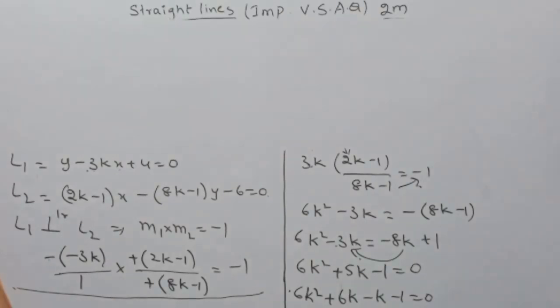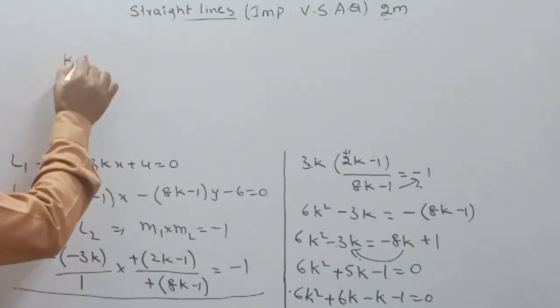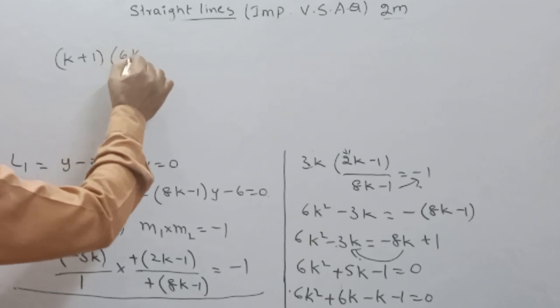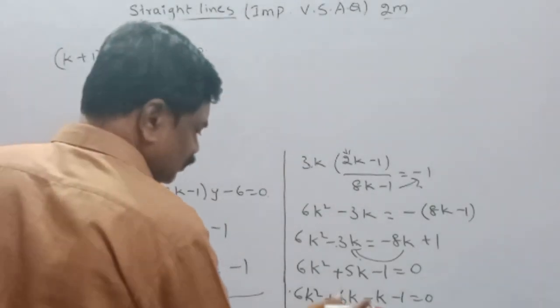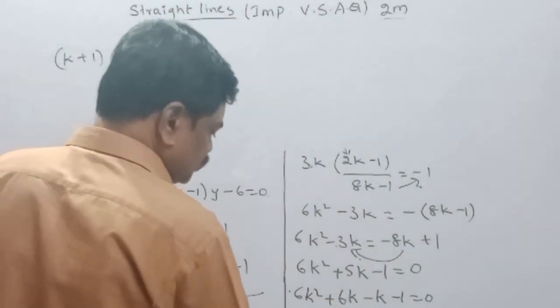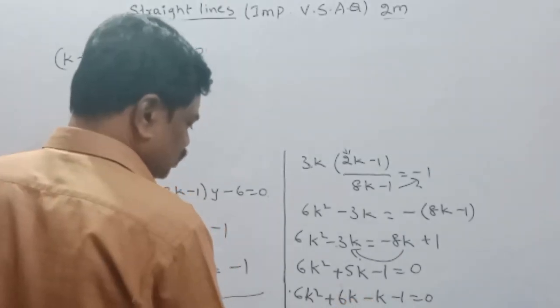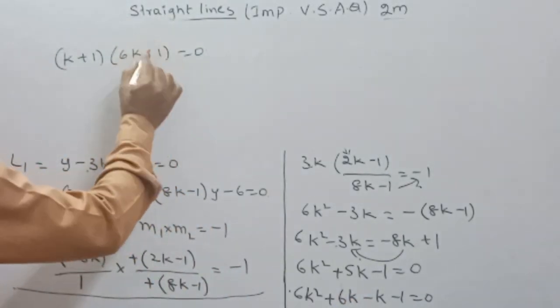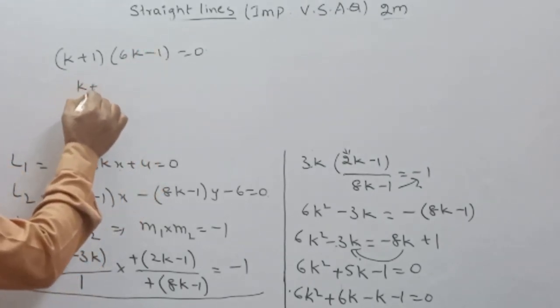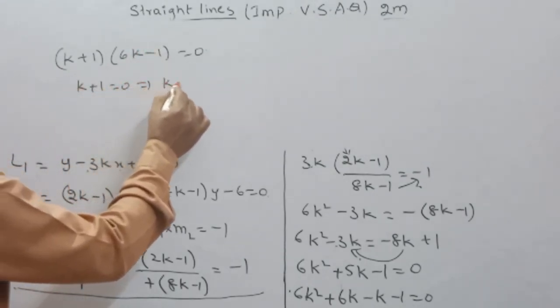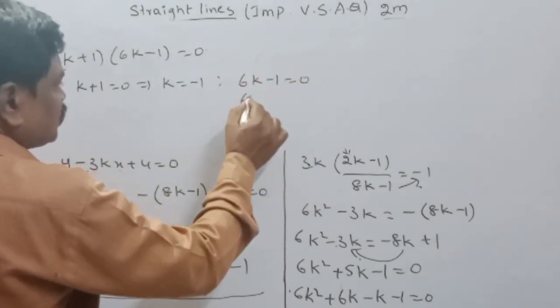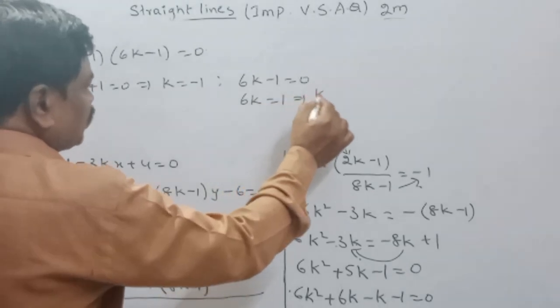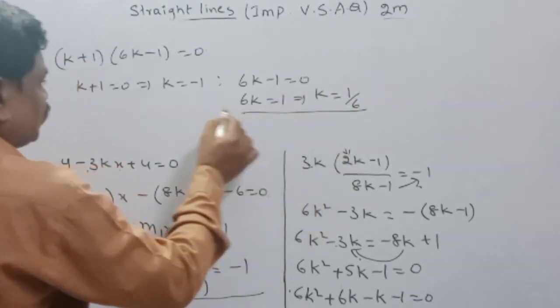What are the factors of this one? K plus 1 into 6k minus 1 equal to 0, sorry, this is 6k, this is minus 1. So k plus 1 equal to 0 implies k is equal to minus 1. 6k minus 1 equal to 0, 6k is equal to 1, implies k is equal to 1 by 6.